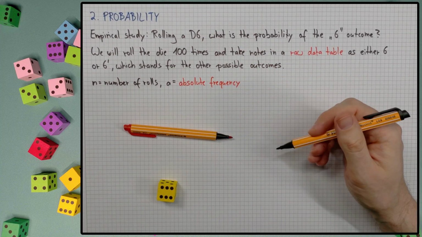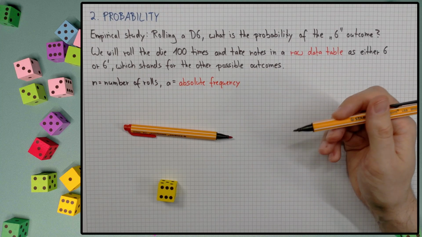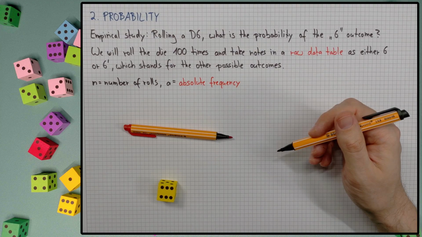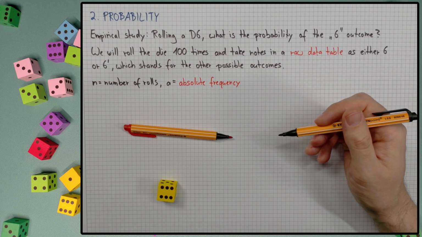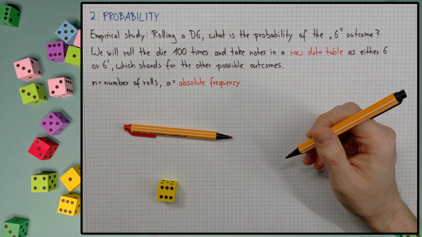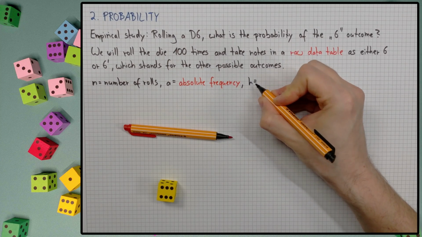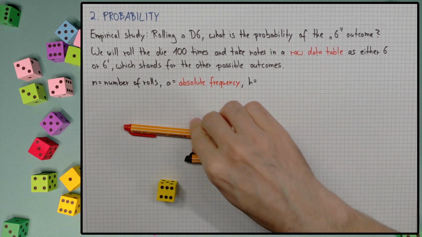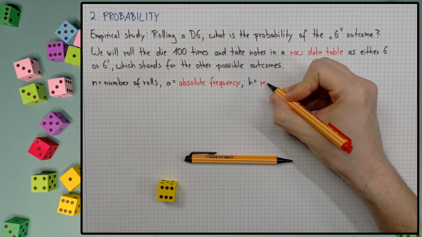But the absolute frequency is of very little value. If you roll 5 6s, but you rolled 1,000 times, well, that's not a lot of 6s. So we are going to add a third number called the relative frequency.